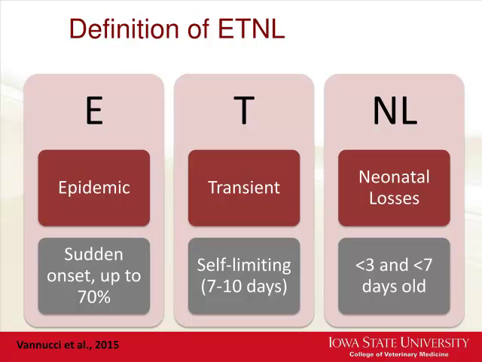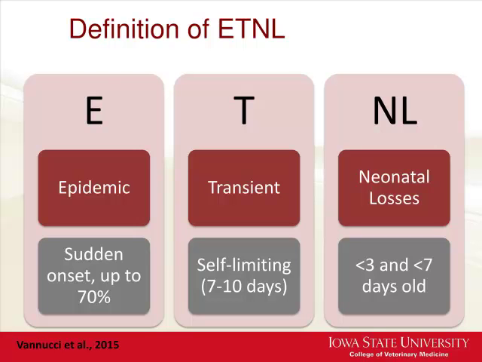But even though we're talking about some variability here, from 40 to 70% mortality, 7 to 10 days of self-limiting disease, even with this variation among piglets, it's pretty consistent that it has this epidemic component.